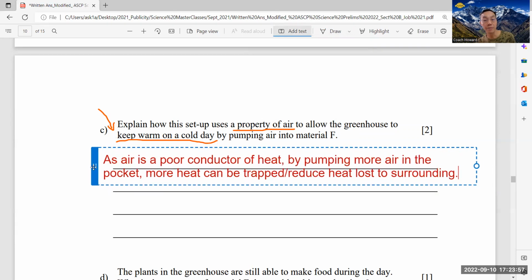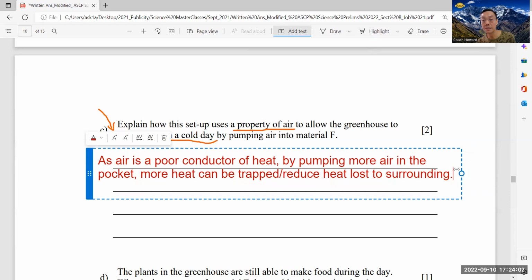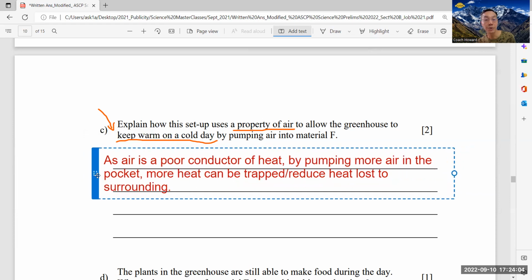The property of air you must state first. So air is a poor conductor of heat. Okay. Air is a poor conductor of heat.